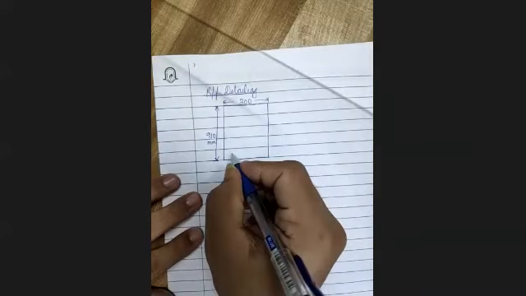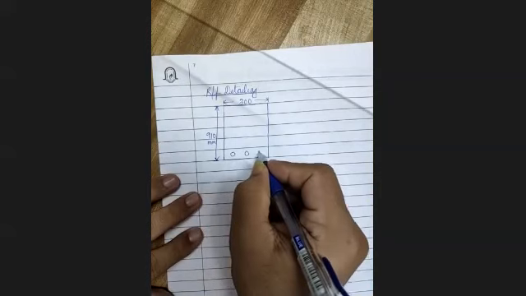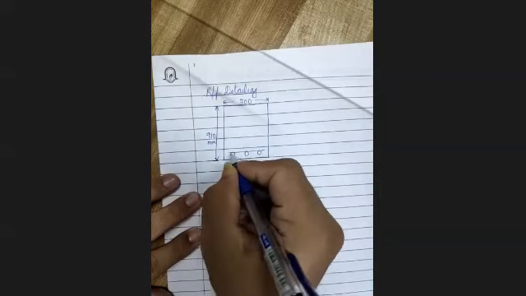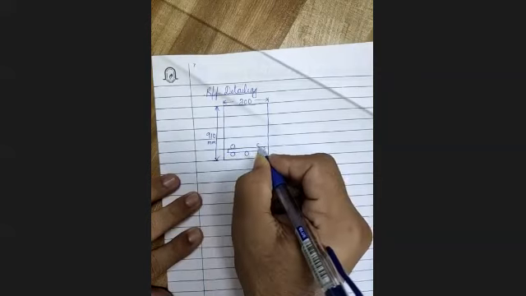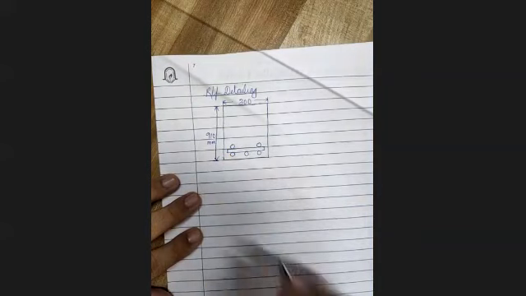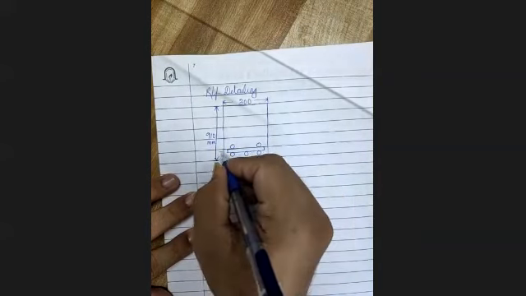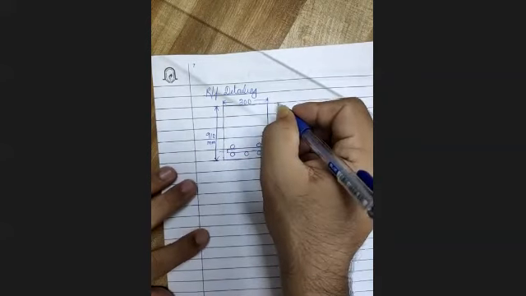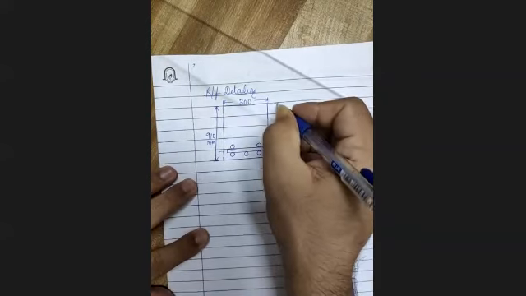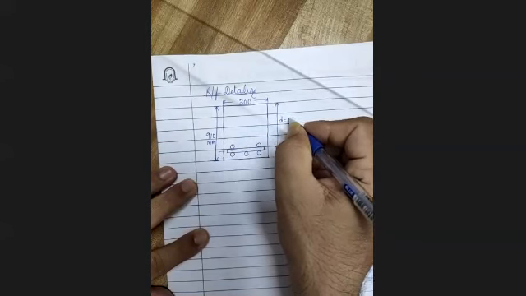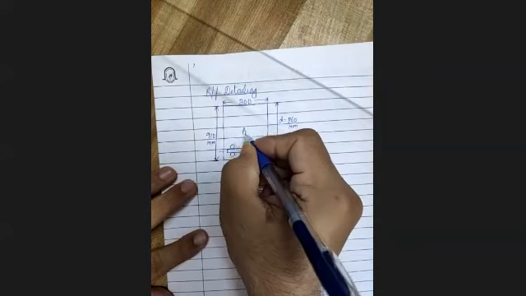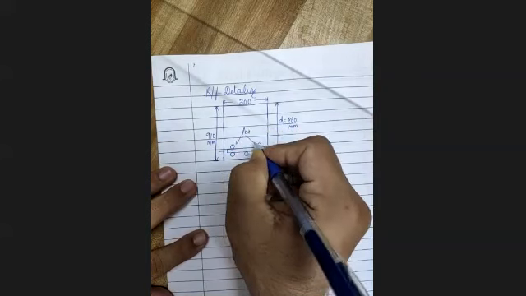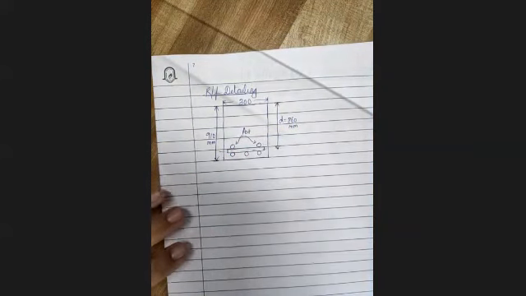So how will you provide? 1, 2, 3, 4, 5. ठीक है, 5 bars of 25 डाल. So this is your reinforcement detailing for this problem.